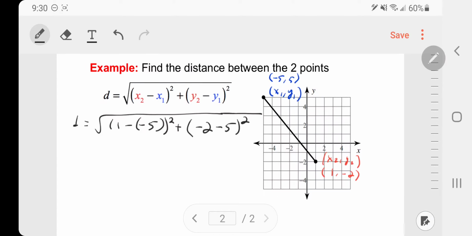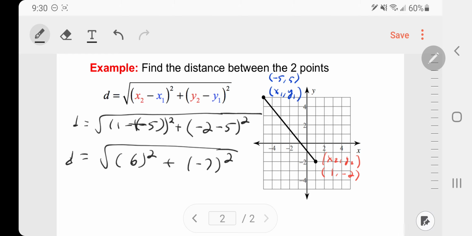All right, so let's go ahead and do the parentheses. We're going to get d equals the square root of, now 1 minus a -5 becomes 1 plus 5, which becomes 6 squared. And then we get -2 minus 5, which is -7 squared.